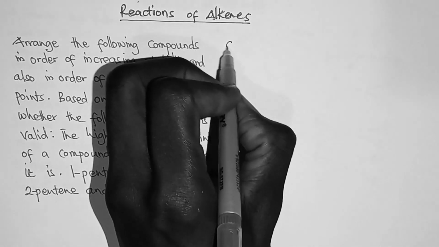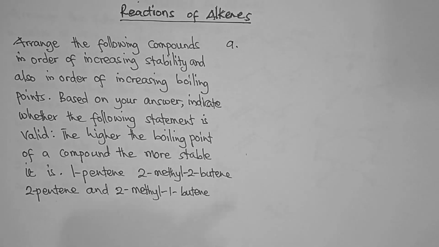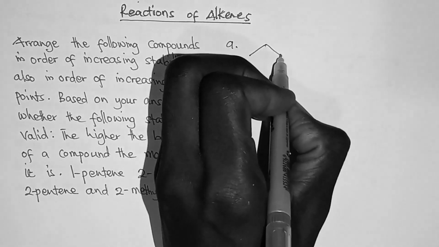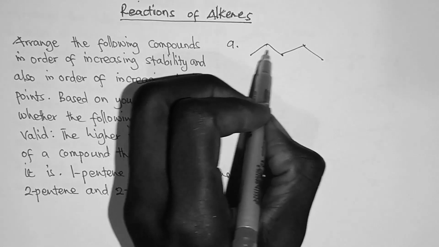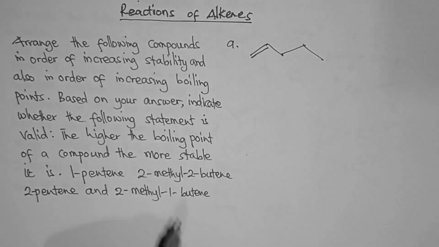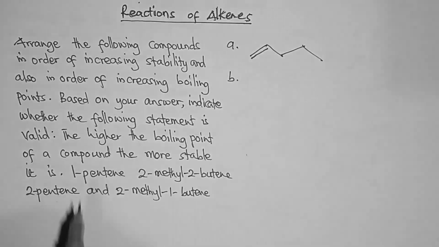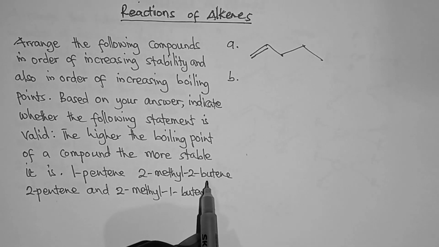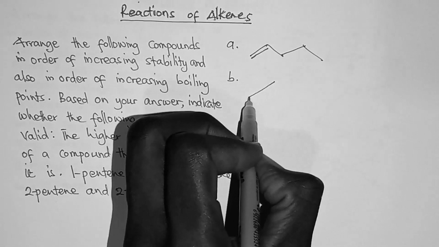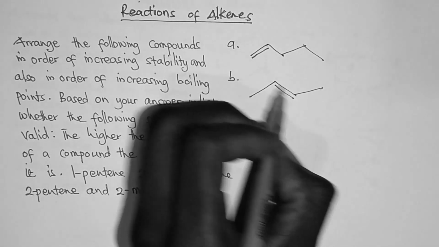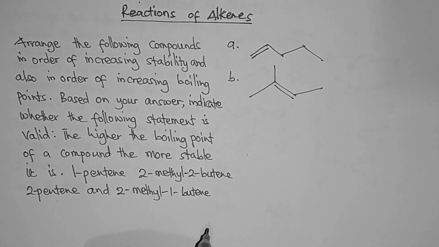The first one, which we label as A, is 1-pentene. So this is the structure of 1-pentene. B, the second one, is 2-methyl-2-butene. So this is 2-butene and it has a methyl group.